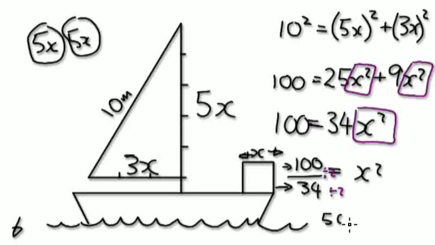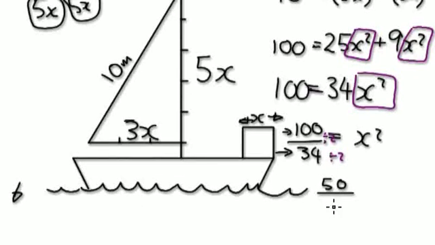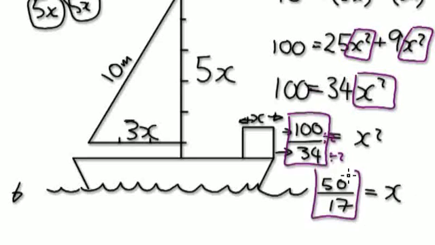So it would be 50 over 17 equals x. Okay, but basically this fraction here is the same as this, but we prefer this one because it's neater and smaller. So what you do, you divide top and bottom by 2. So 100 divided by 2 is 50, and 34 divided by 2 is 17.